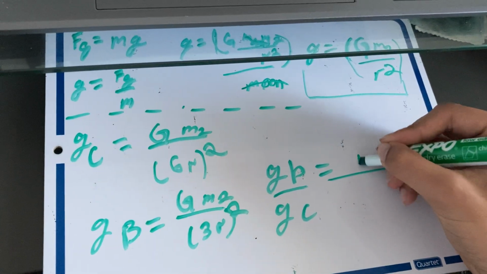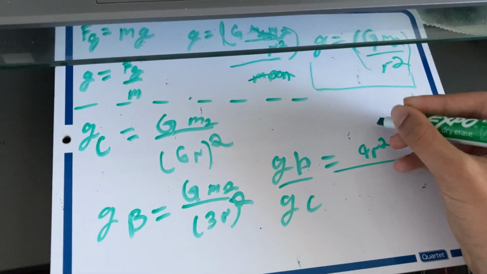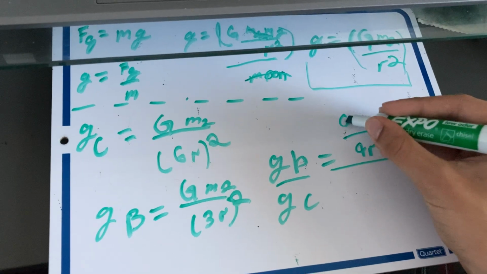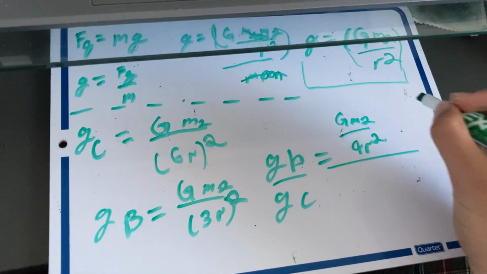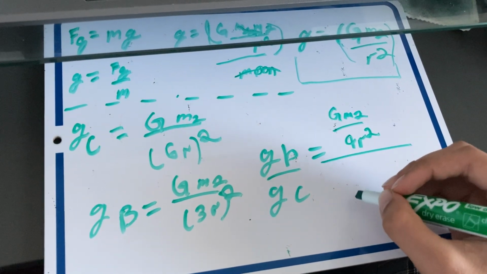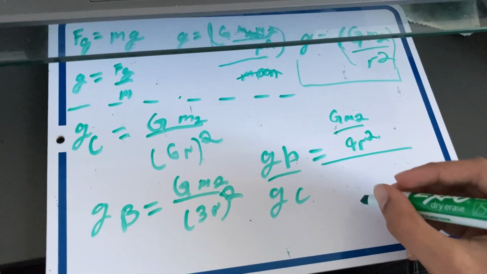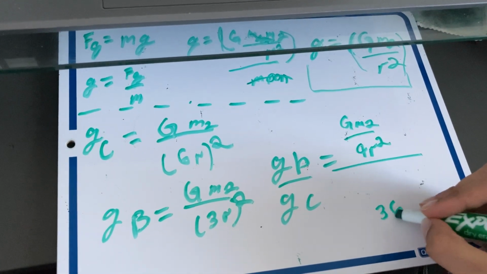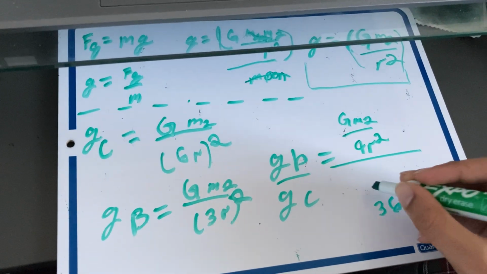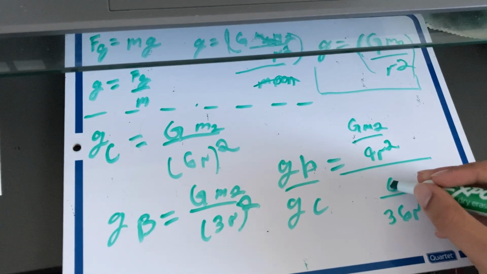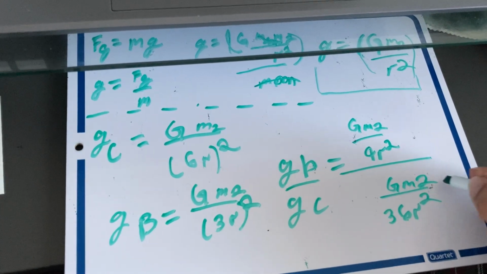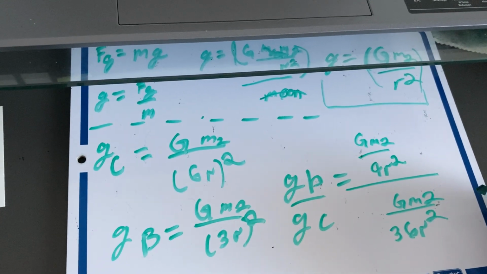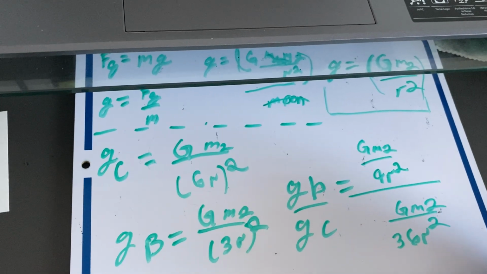GB is GM2 over 9R squared. And GC is going to be GM2 over 36R squared.